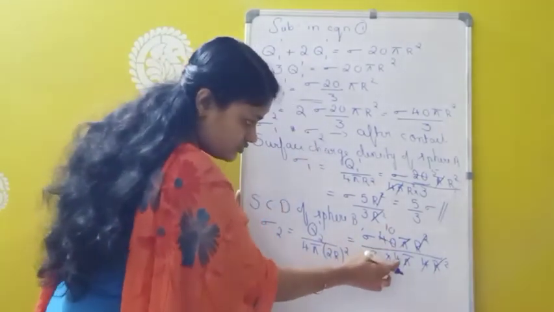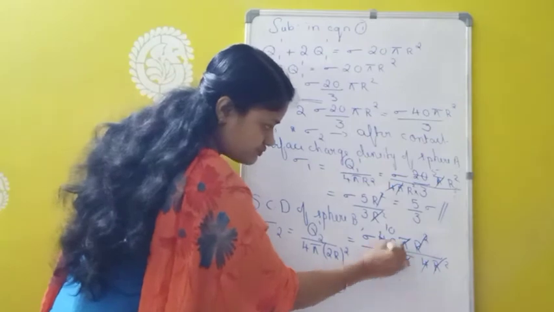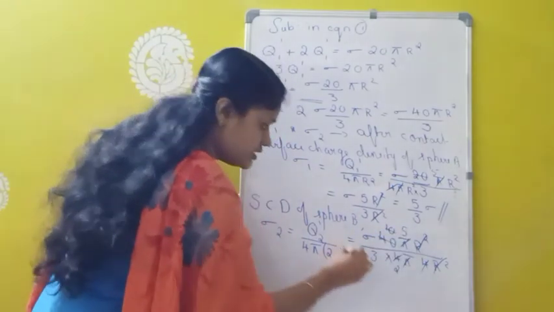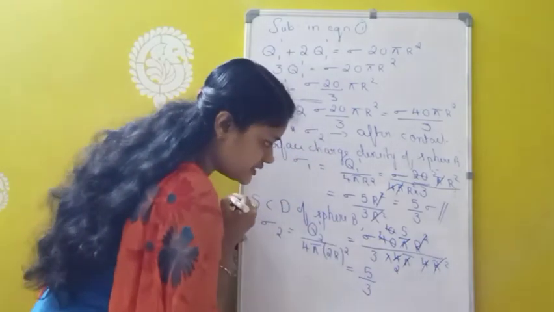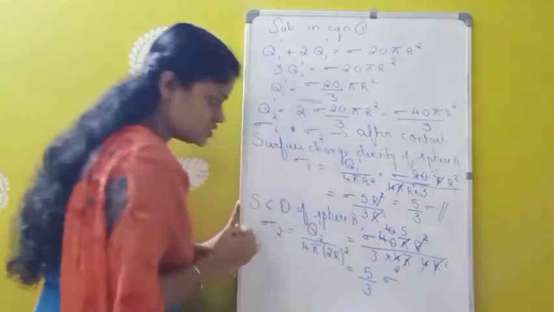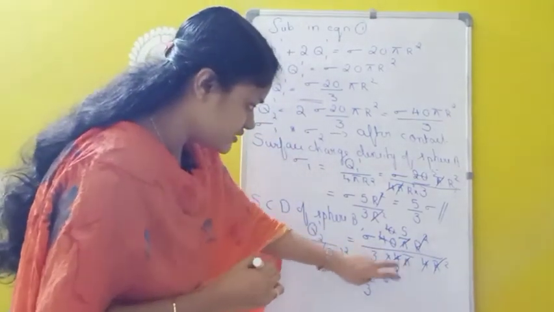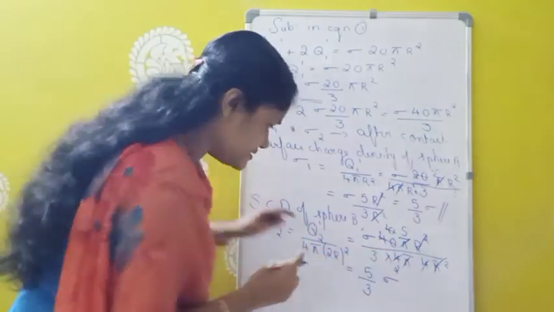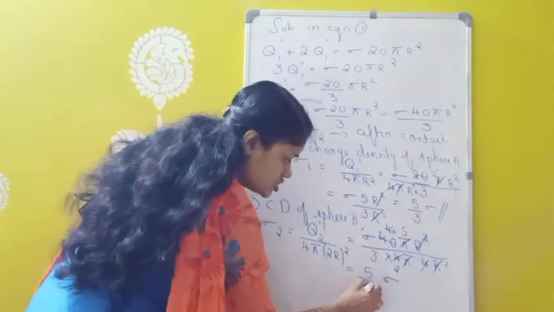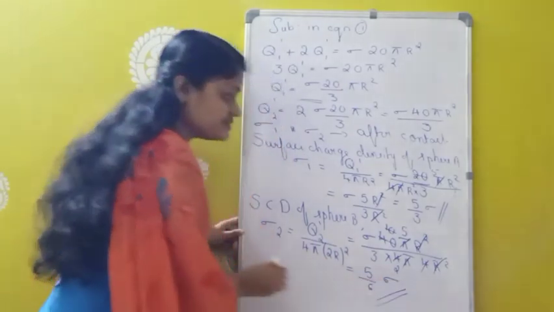This 10 and 4 we can cancel again by 2, so here we get 5. So we are getting 5 by 3 sigma, already we cancelled everything. Okay, not 5 by 3, 5 by 6 sigma. So we get the answer as 5 by 6 sigma.